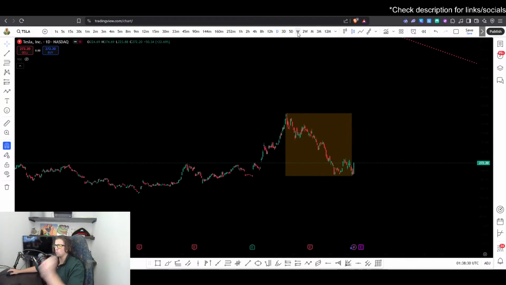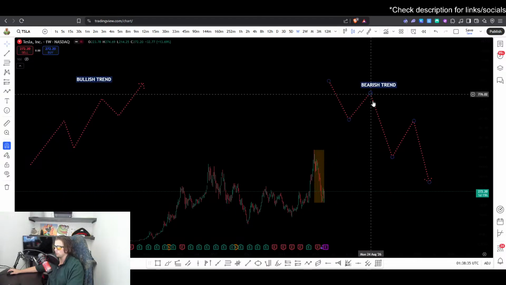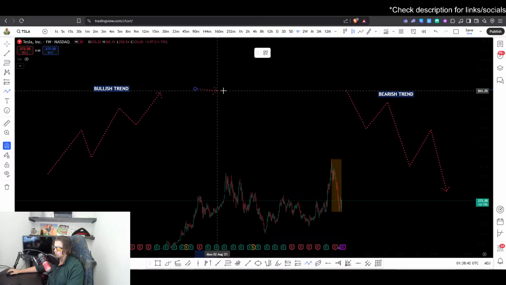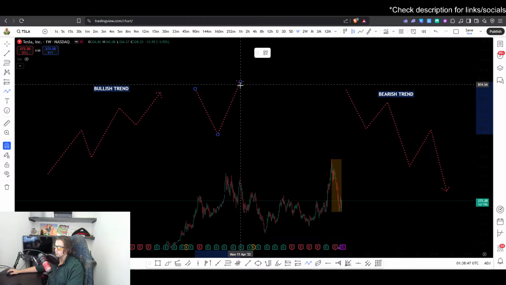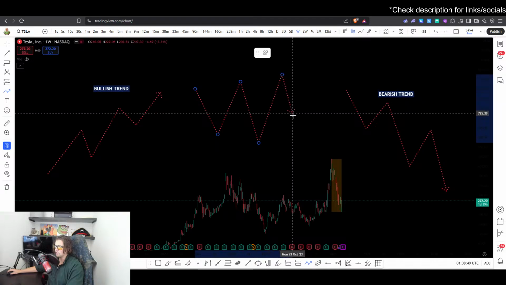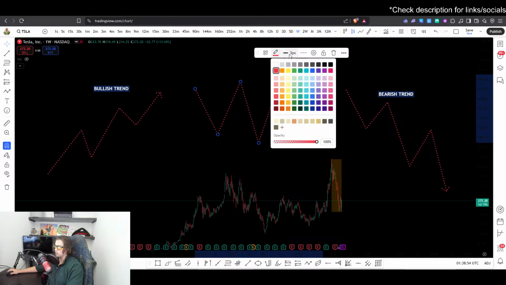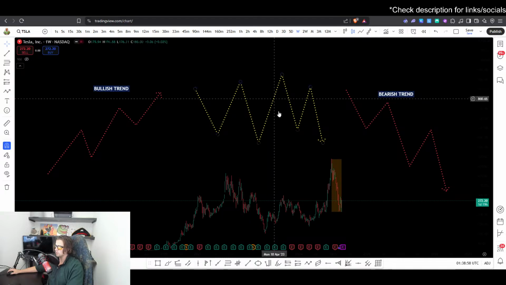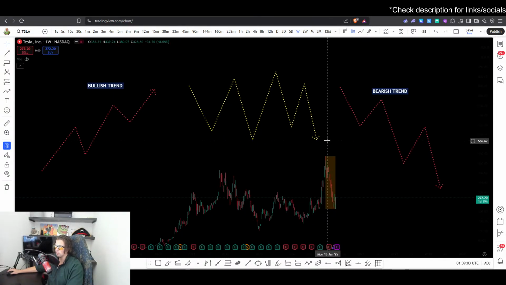But when we're not in a bullish trend upwards or a bearish trend downwards, we can be in a range, okay? And this can be the confusing part sometimes of trading: sometimes we're in a bullish trend, sometimes we're in a range, sometimes we're in a bearish trend. But those are the only three types of structure that we're usually ever in.